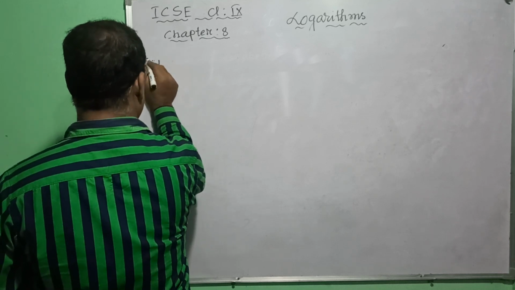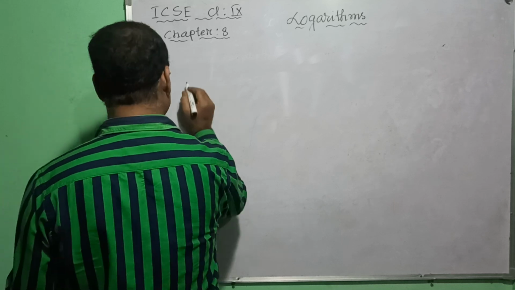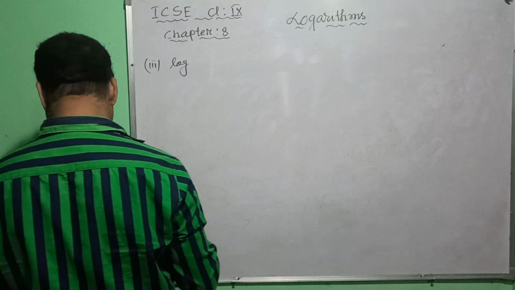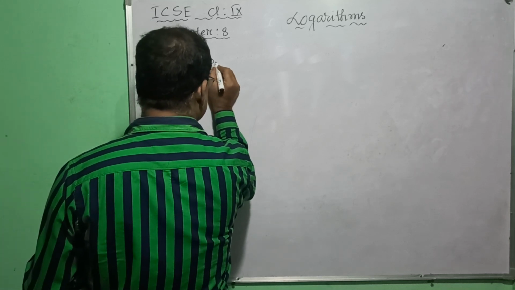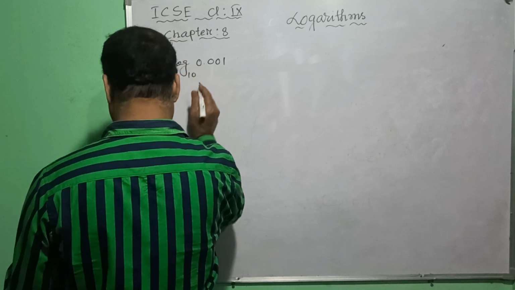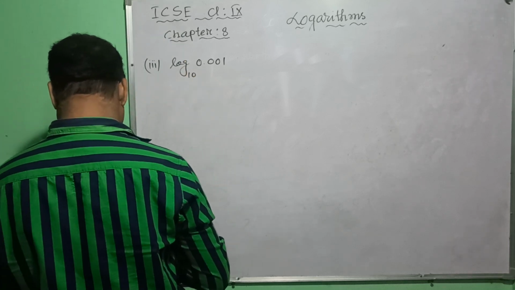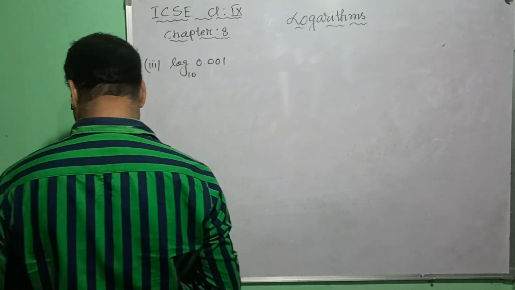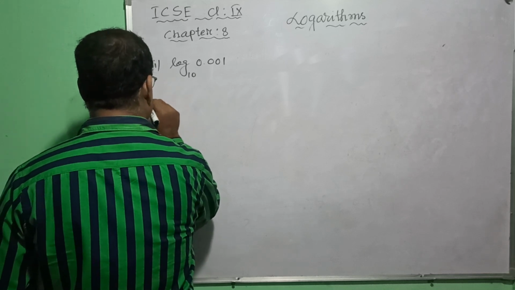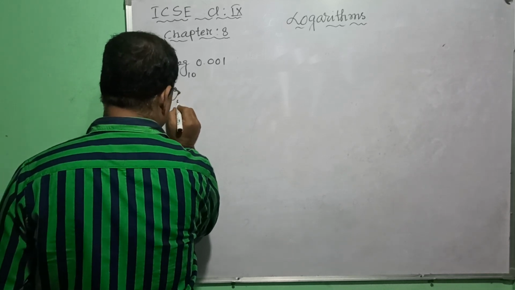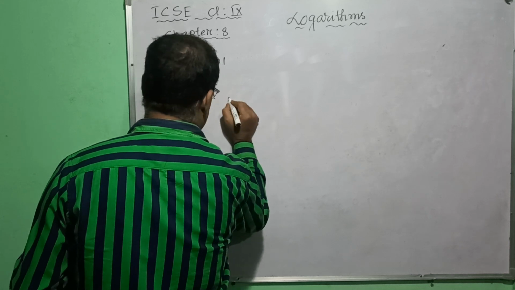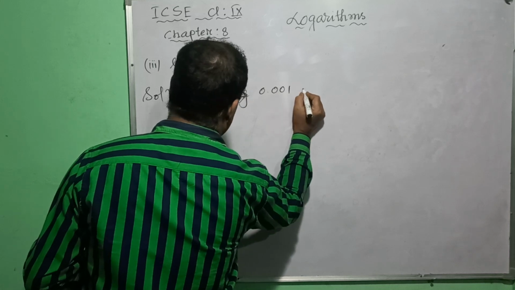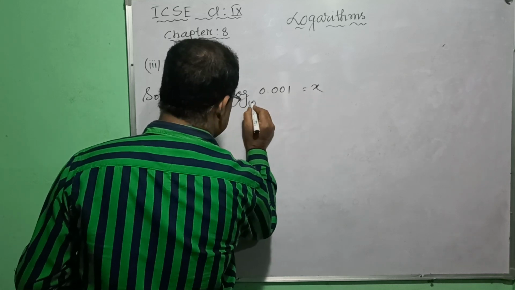In number 3, it is given log 0.001 at base 10. So this is given. We can write the solution. Let the logarithm of 0.001 equal x at base 10.